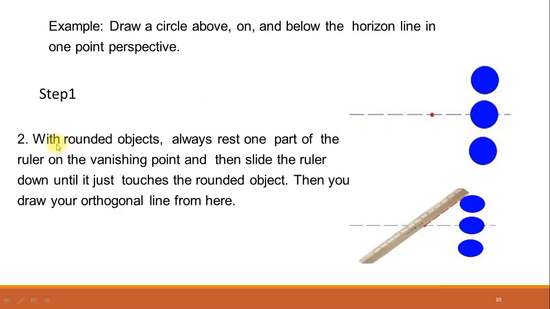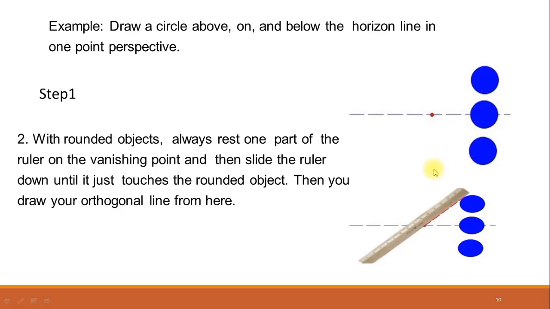Then with the rounded shapes, always rest one part of the ruler on the vanishing point and then slide the ruler down until it just touches the rounded object. Then you draw your orthogonal lines from here. This is the vanishing point.